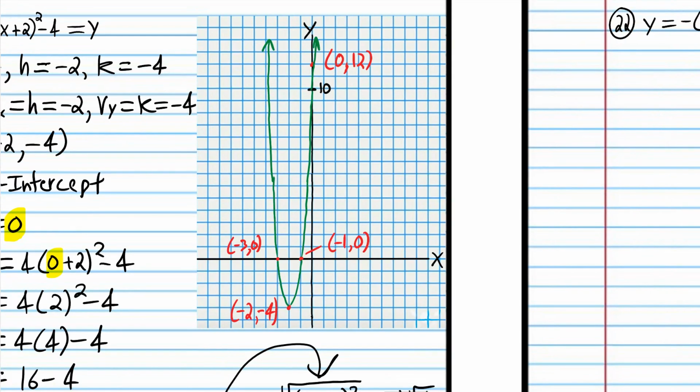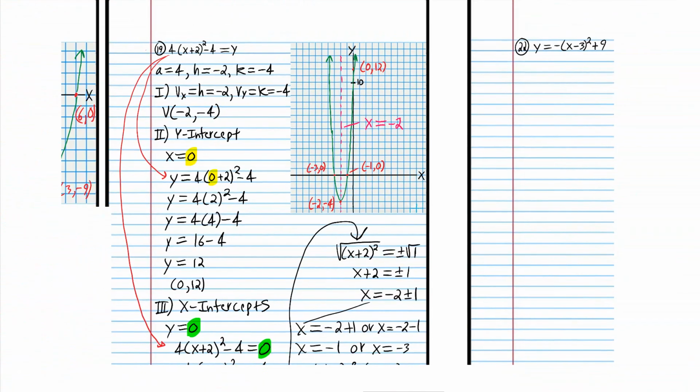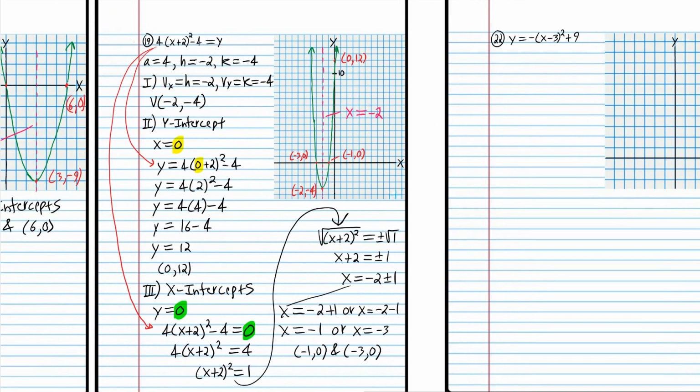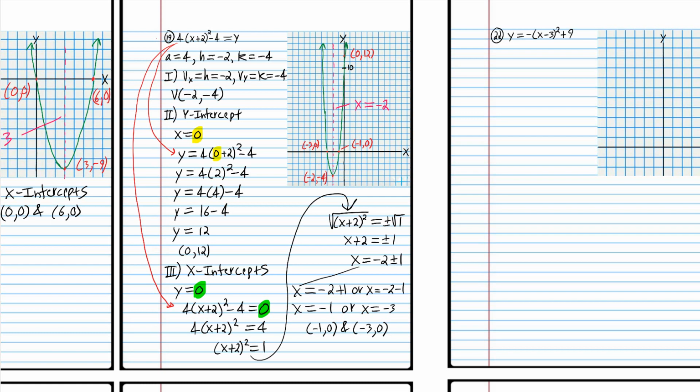And now we're going to plot the line of symmetry and write the equation of the line of symmetry, which is x equals -2. All right, so we graphed a quadratic expression in vertex form, and we found the x-intercepts and the y-intercept.